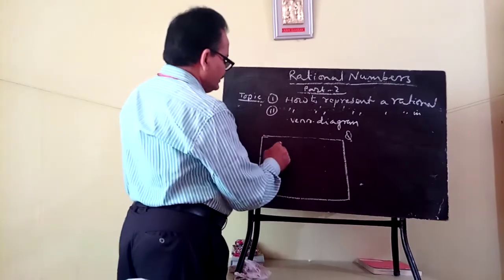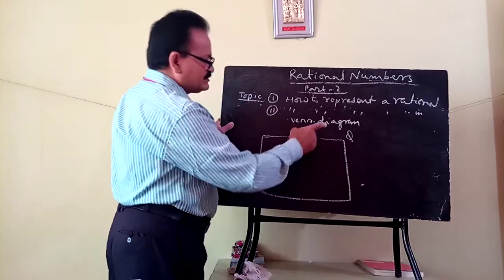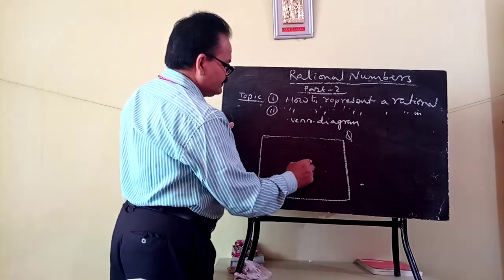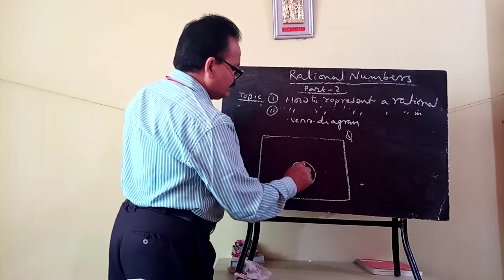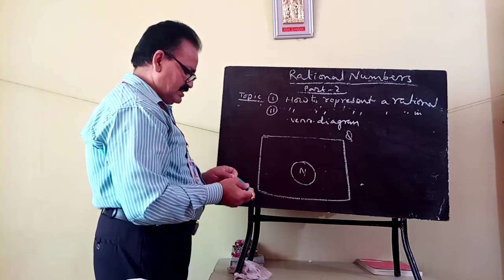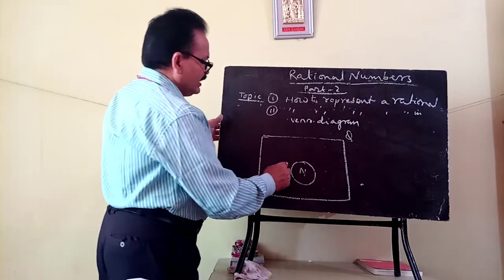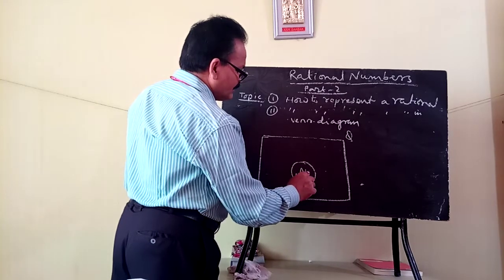and in this rational number it comes, all natural numbers are rational. All natural numbers are rational, and that starts from 1 to infinity.